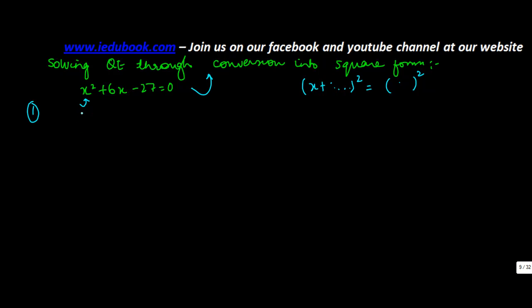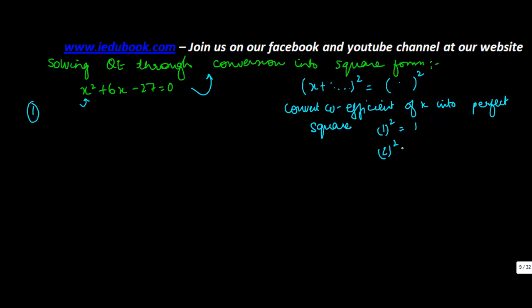A perfect square, what you mean by this is convert the coefficient of x square into a perfect square. Perfect square will mean something like 1 square is equal to 1, 2 square is equal to 4. In this case, the coefficient of x square is already 1. So basically, this is a perfect square. There is nothing to do over here.